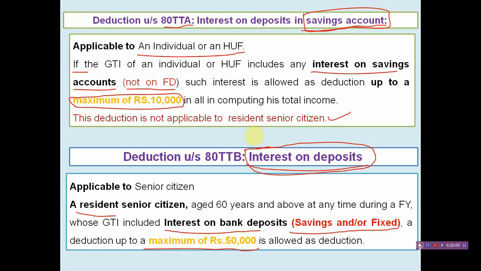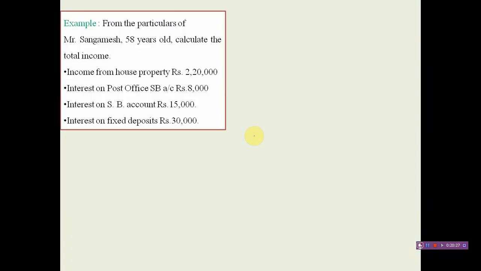It is tax-free income. While calculating income from other sources, if an assessee has interest on post office savings bank deposit, up to 3,500 is tax free. In case of joint account, it is rupees 7,000.